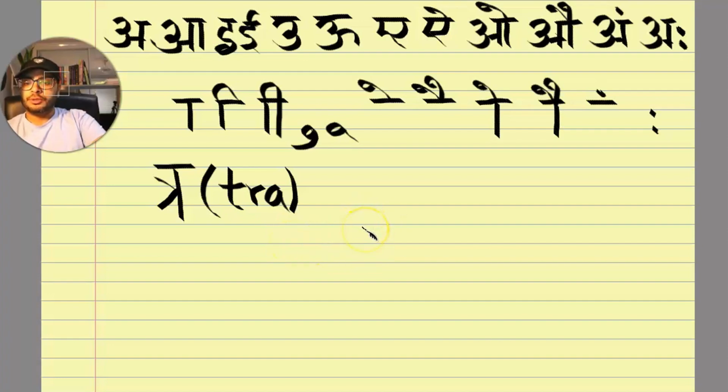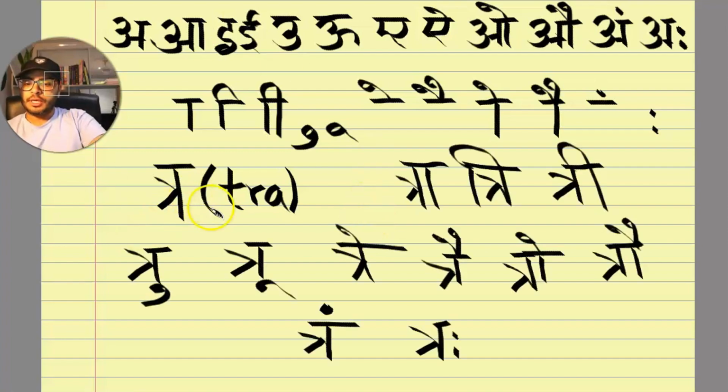Trikond means triangle. Tri means three, and kond means angle. Barakhari for this sound would be tra, tra, tri, tri, tru, tru, tre, trai, tro, trau, tram, trah.